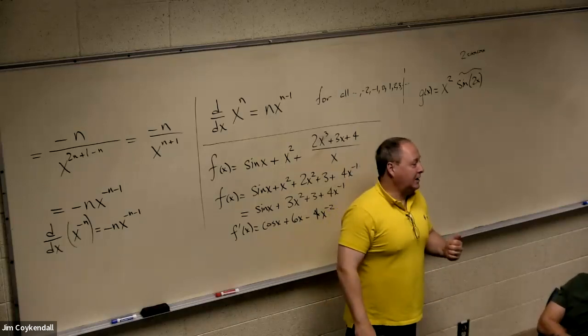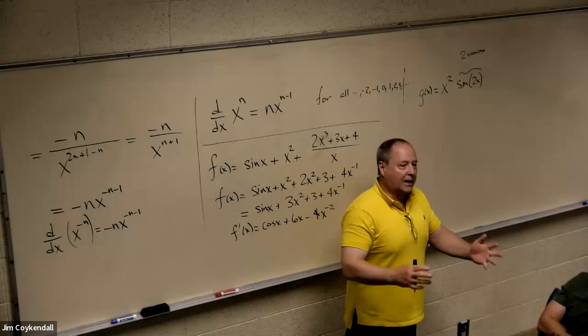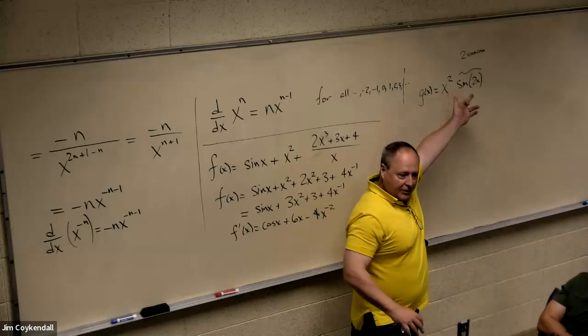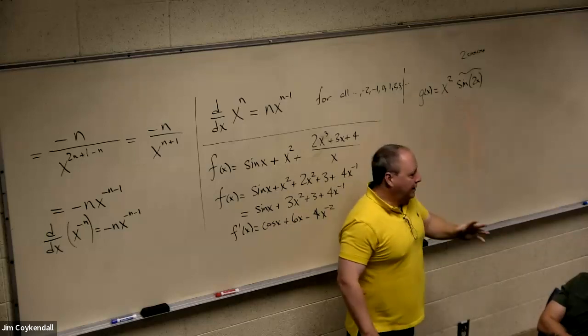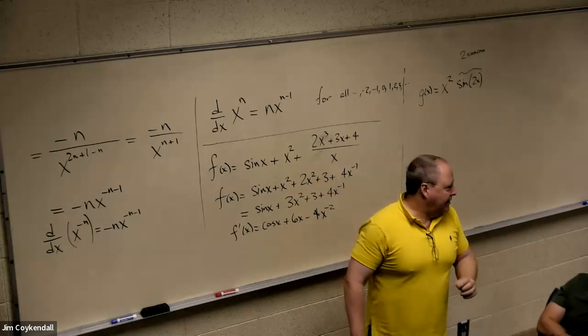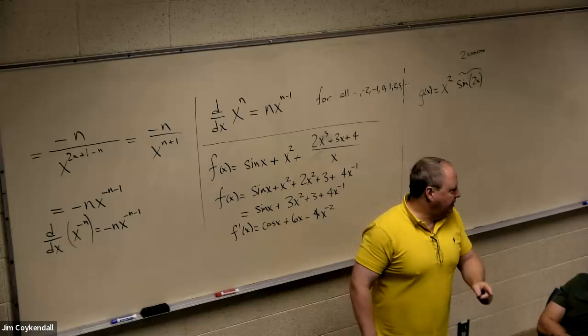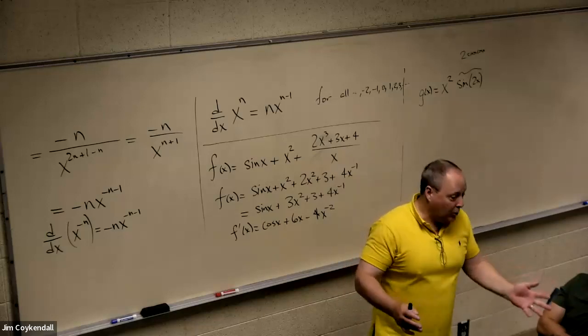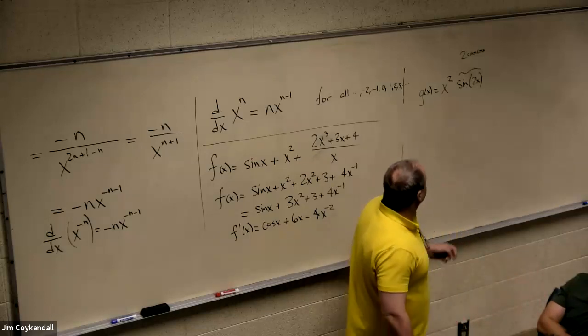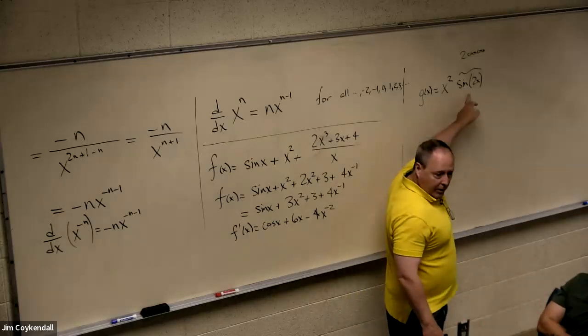How many of you have ever seen this trig identity, sine 2x is 2 sine x cosine x? In my class, I will give you these identities for free. It's your responsibility to know that they're out there somewhere and maybe I want to use them. But if you ask for them, I give them to you for free. Okay? So I could rewrite this, right?